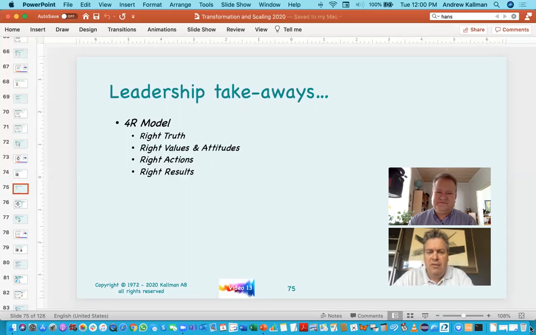The right values and attitudes is the second part of the 4R model. And this is also going back a little bit to the leadership styles and culture. I think this is very important, because culture and leadership are the main challenges in doing the transformation itself. And this is where most transformations fail.